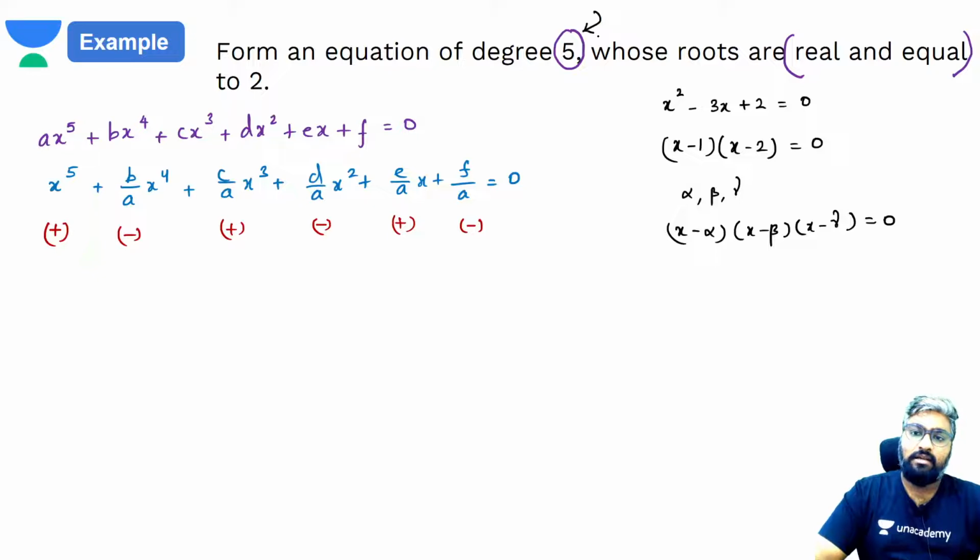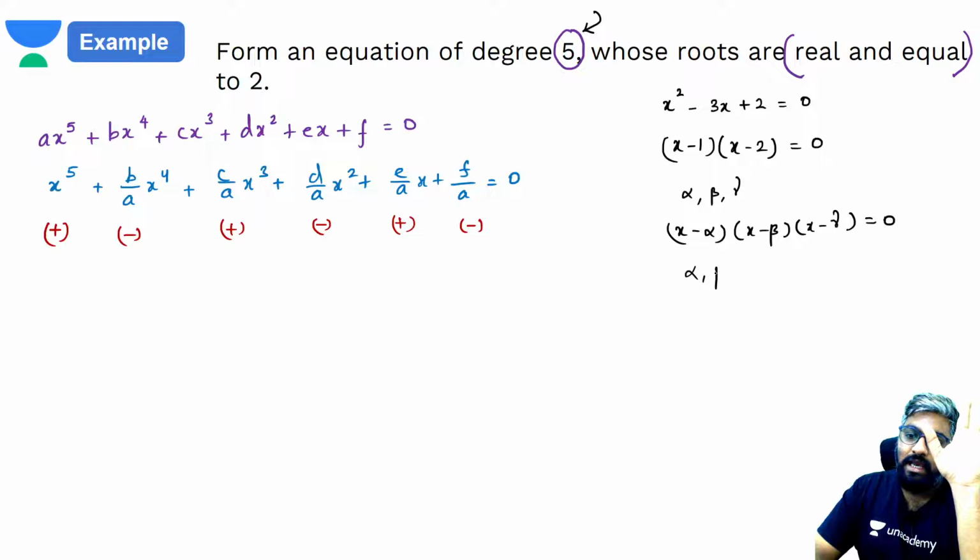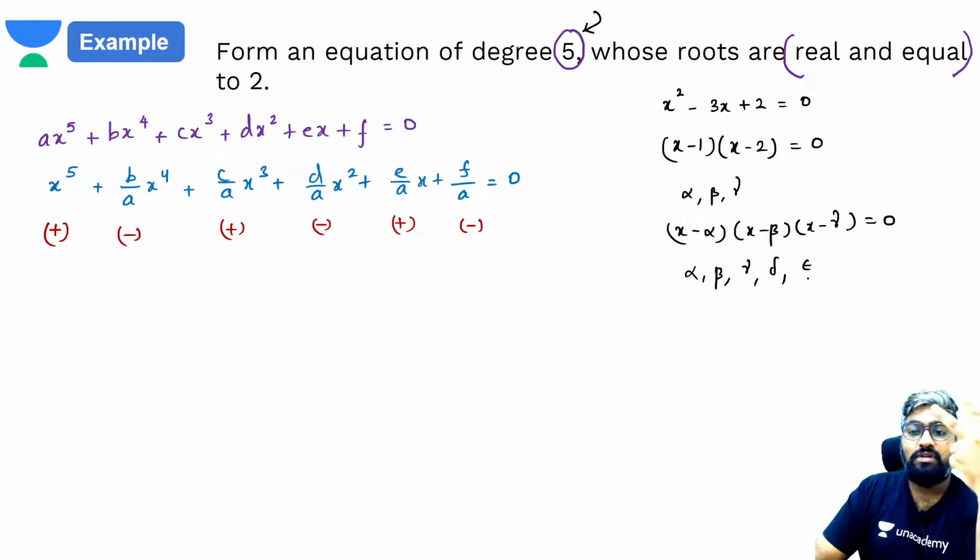Here, this is an equation of degree 5, so there are 5 roots. Let's say alpha, beta, gamma, delta and epsilon. These are the 5 roots. All the 5 roots are equal to 2.